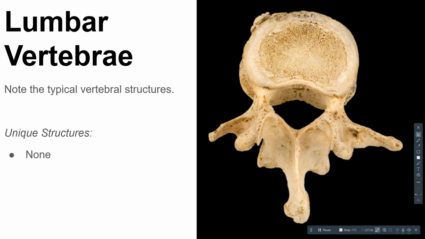Let's do the lumbars. 5 lumbars, remember 7, 12, 5, breakfast, lunch, dinner. Lumbar vertebrae, they're big because they're supporting more weight, but they have no extra structures. Yay, that's good news. They got just all the normal stuff. They got the body, they got the pedicle, the lamina, the transverse process, the spinous process, the vertebral foramen.